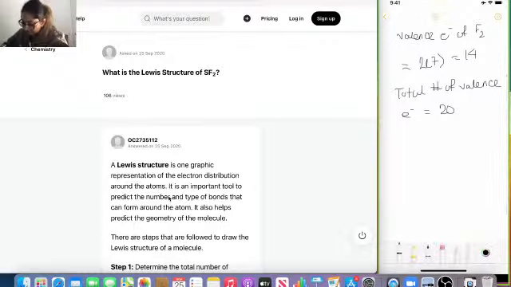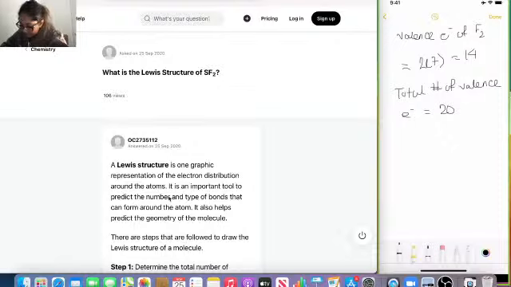Okay, and so the next step is to determine the number of electrons needed for bonding. Since there are two F atoms, the number of electrons needed for bonding is 4.